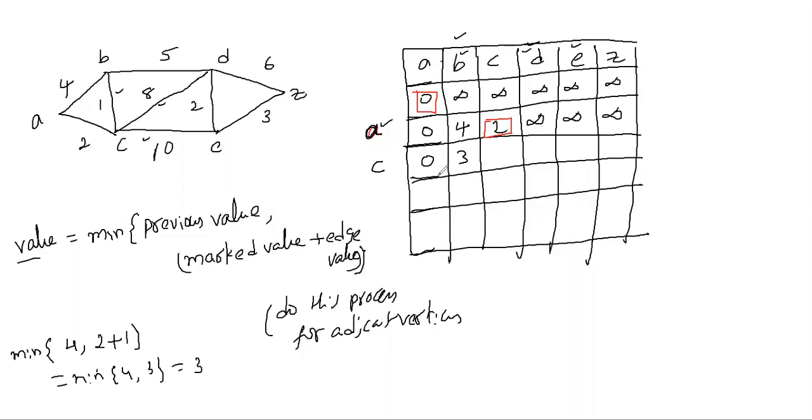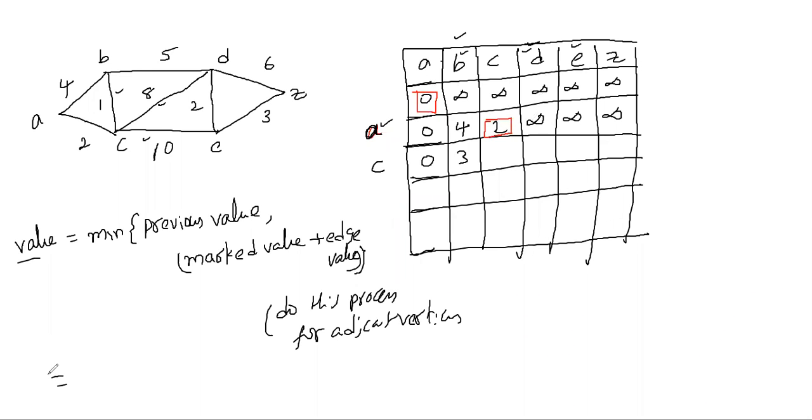One more thing: you don't update this C column. The column which is marked, you leave as it is, no problem. So which do you have to update? B, D, E. When you come to D, what is the previous value?